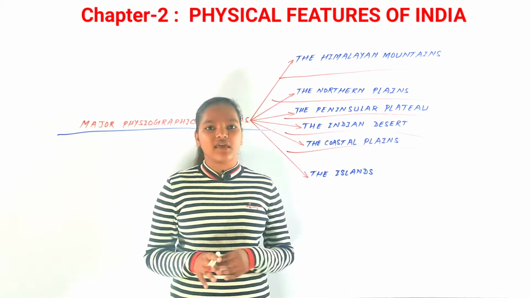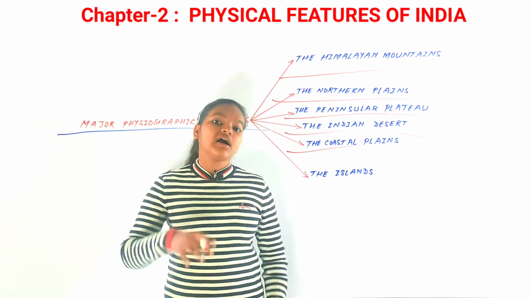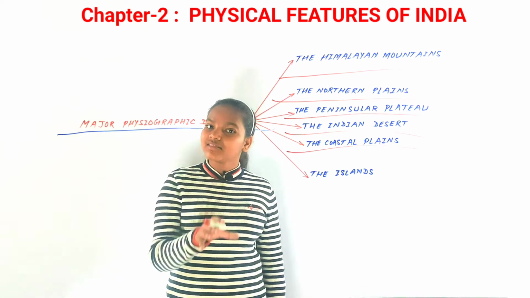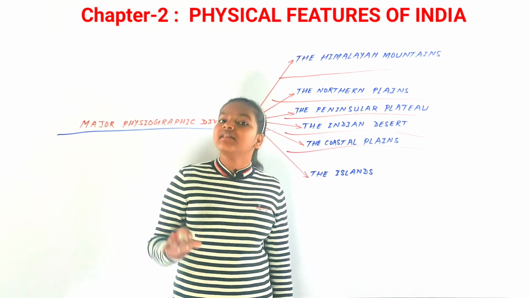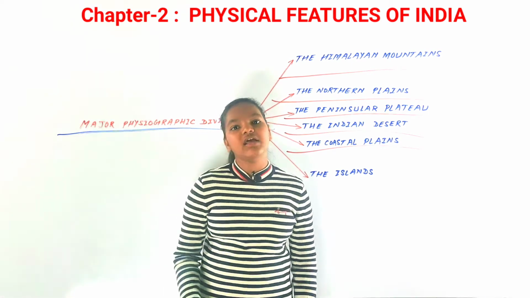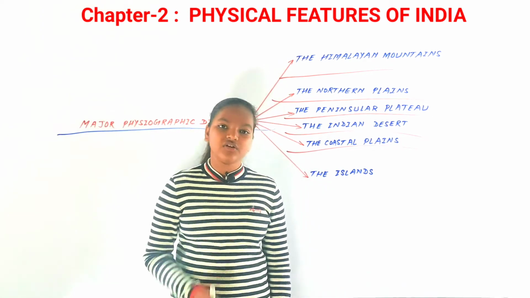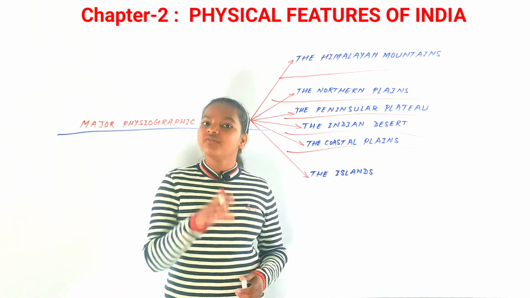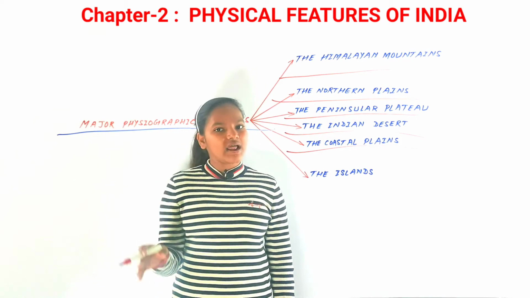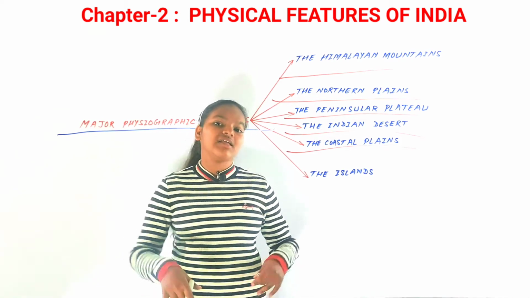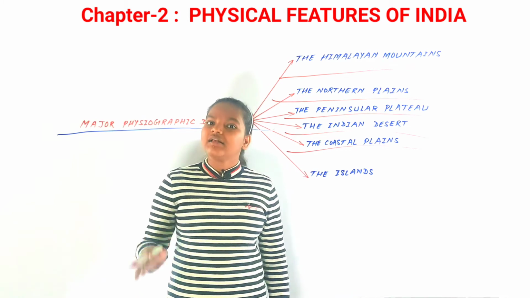The central coast lies in the middle of the western region and is known as the Kannada coast, and the southernmost coast is known as the Malabar coast. So these are the three sections of the western coast. The eastern coast has also been sectioned.